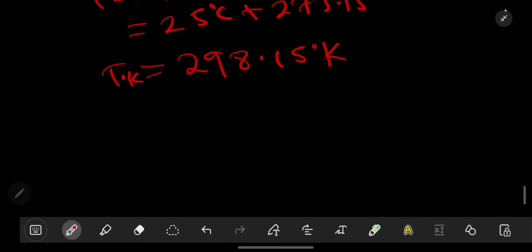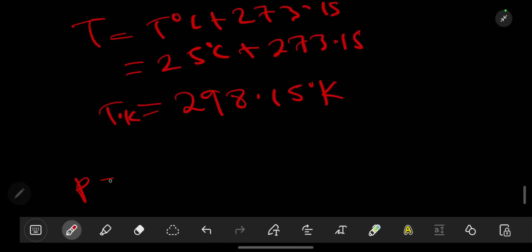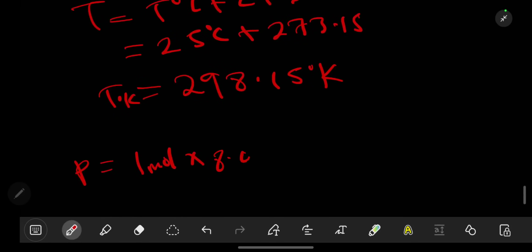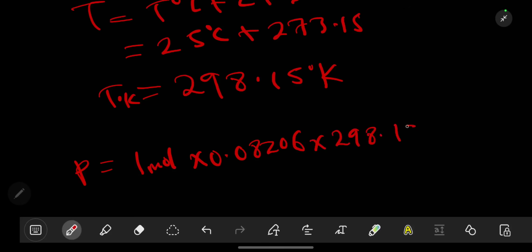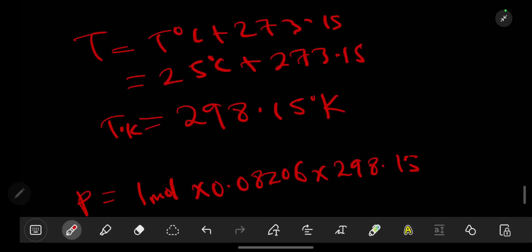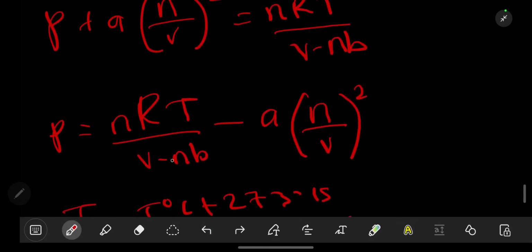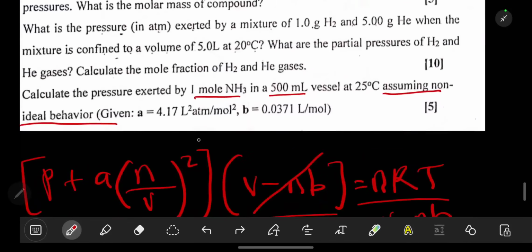Therefore, after we do that, we are going to substitute. The pressure will be equal to 1 mole times R, which is 0.08206, times the temperature 298.15. Then we divide over V minus nb.